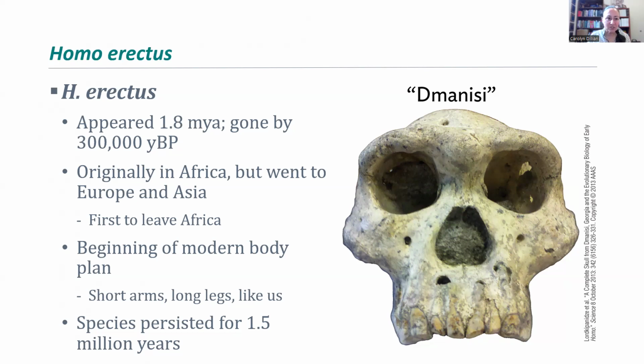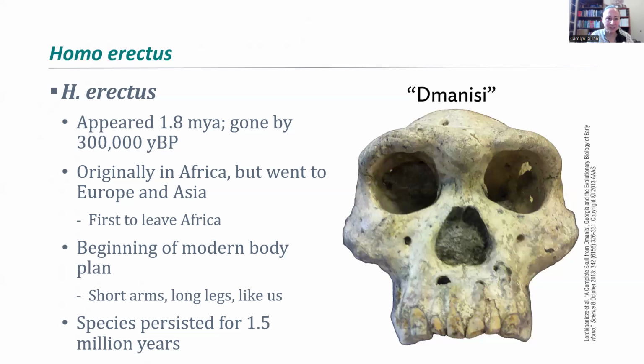But let's start looking at some of these Homo erectus fossils that have been found in other places. So again, this image is the Dmanisi skull. Now we know that Homo erectus first evolves in Africa, but went very quickly to Europe and Asia. And it was the first hominin to leave Africa.